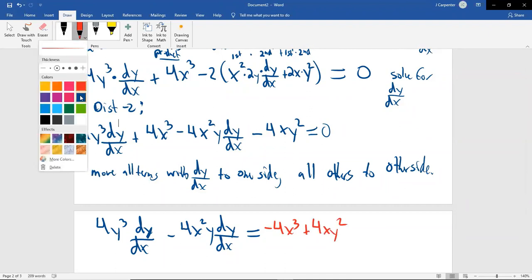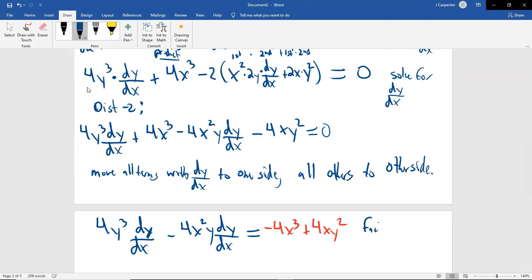Now what we're going to do is factor the GCF of dy dx out. Everything on the left has the dy dx, which means it's a common factor. So we can factor that out as a GCF.